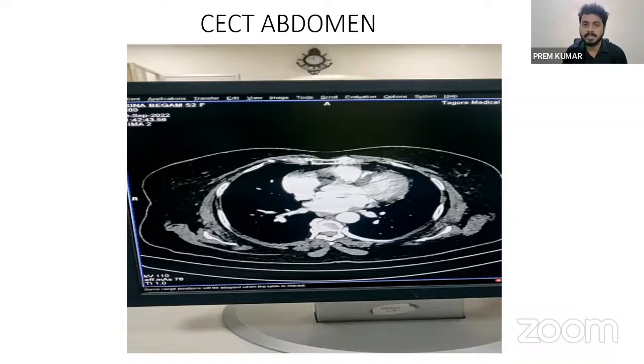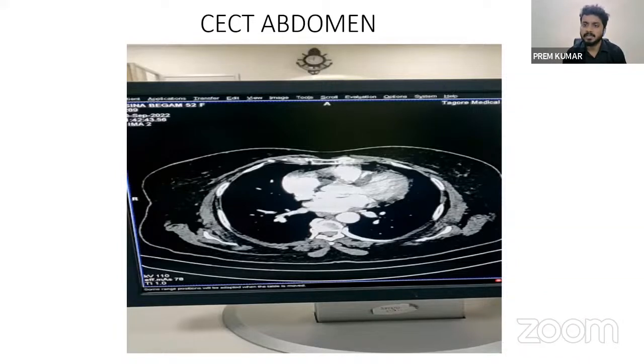On ultrasound, there are multiple focal lesions over the liver. Gallbladder wall thickening with multiple focal lesions over the right and left lobes of the liver. So in other words, what findings do you expect in ultrasound in a CA gallbladder?